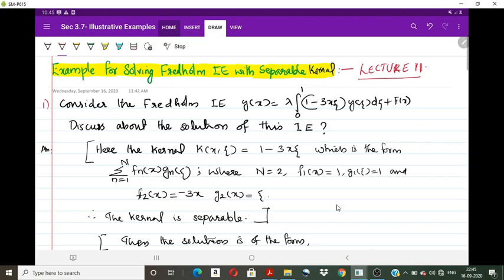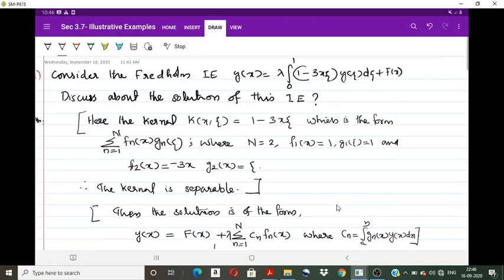So 1 minus 3x theta can be written as 1 into 1 minus 3x into theta. So f1 of x and g1 of theta are taken as 1, f2 of x as minus 3x and g2 of theta as theta. Then the given kernel is in the form of a separable kernel.